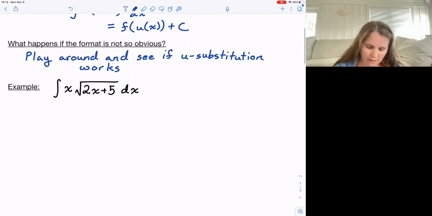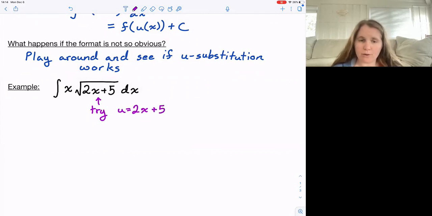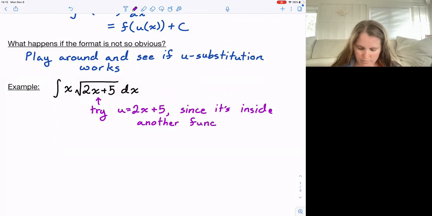But let's go ahead and just try u equals 2x plus 5, since it's inside another function. Then we have an x and a dx also in that integral.